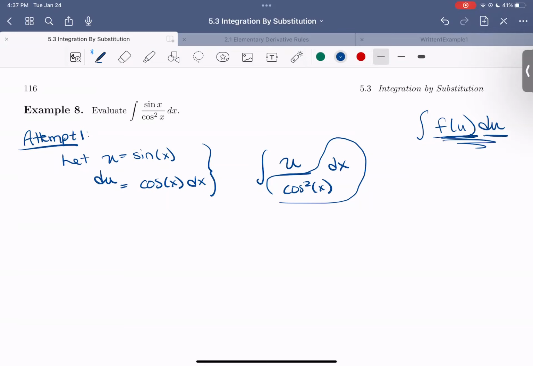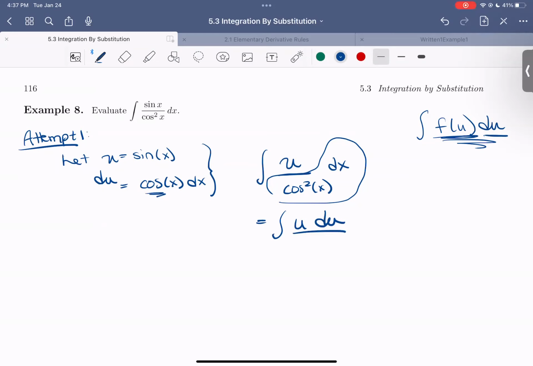Okay, so I don't really know how we can make sense of this. We could put in a du there, so the integral of u du, but that would introduce an extra cosine.